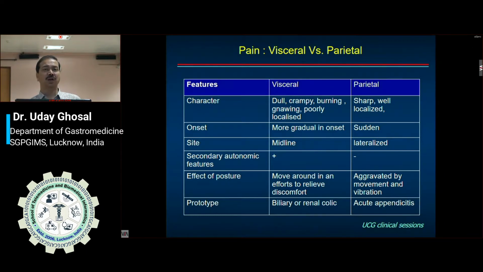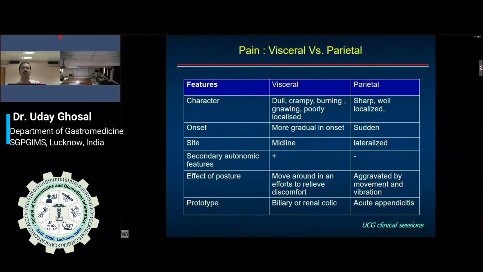Later, when the inflammation not only affects the visceral peritoneum but also the parietal peritoneum, the pain will get lateralized, and the patient will say that the pain is now in the right iliac fossa.